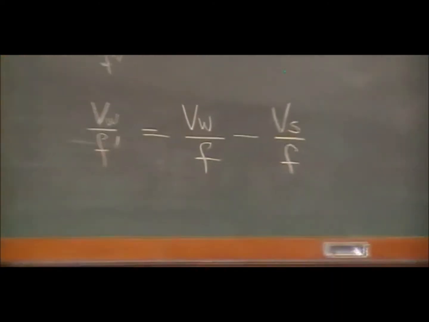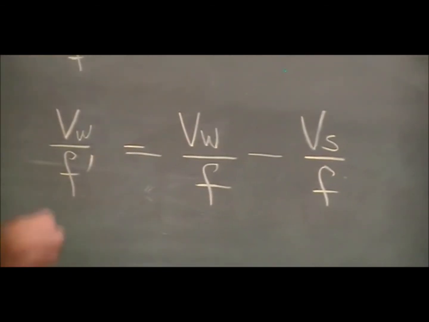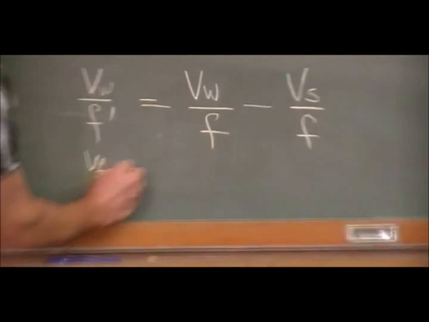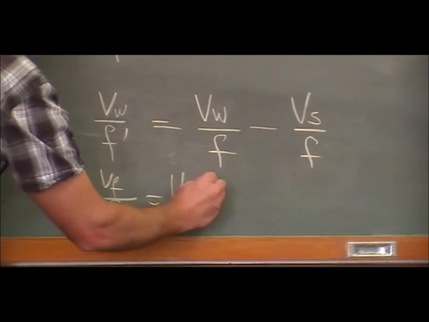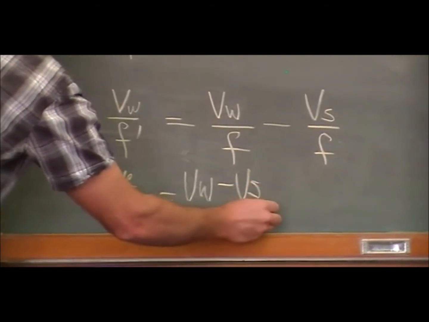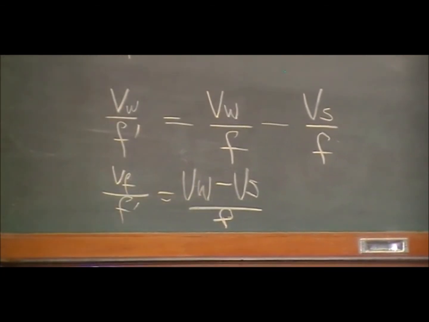What we would like to do is rewrite this with a common denominator. So Vw over f prime is Vw minus Vs over f.